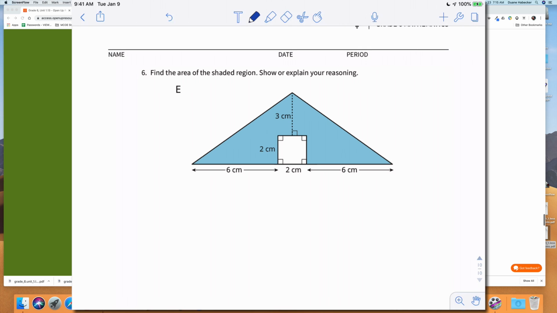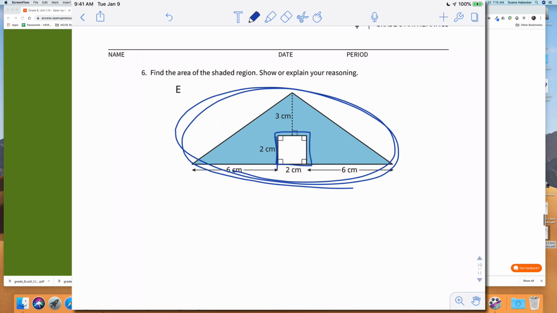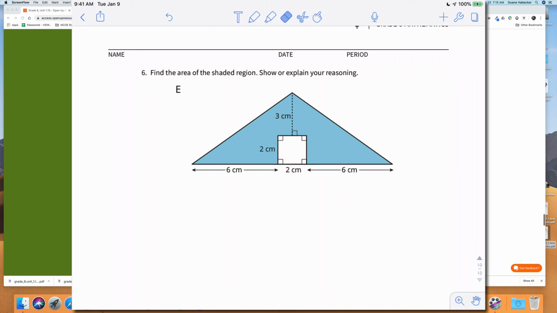And number 6, find the area of the shaded region, show or explain your reasoning. So, oh my goodness, we've got this big old huge triangle with a bite taken out of it. So when I'm looking at these kinds of figures, I'm going to think about subtraction.